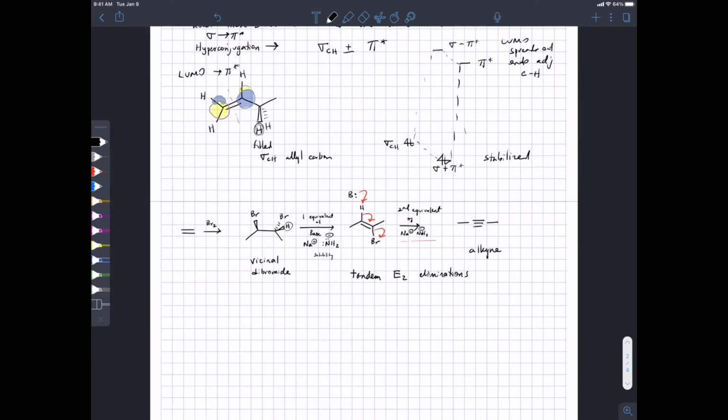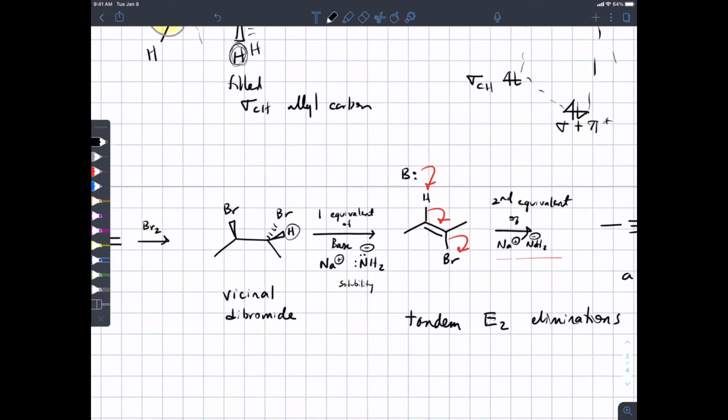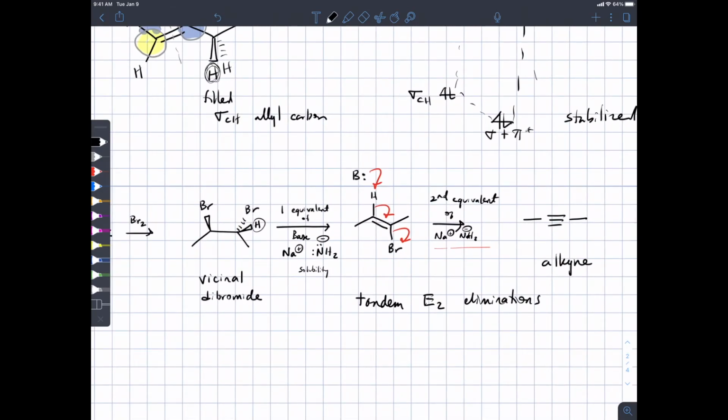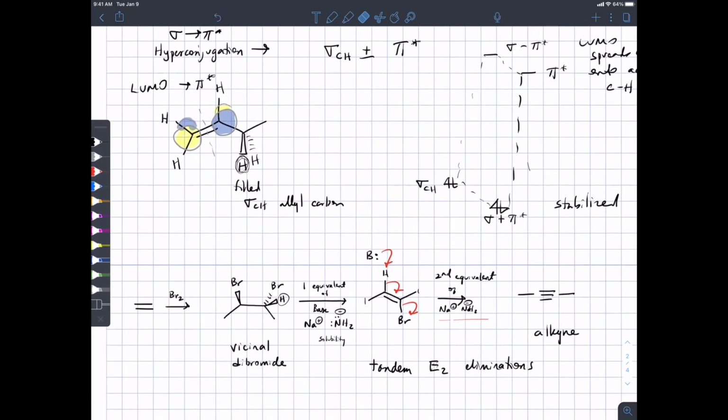Okay, other questions? Yeah. So we said that the more substituted it is, the more stable it is. But if both of those hydrogens on the picture right there instead were methyl groups, would there be anything participating in hyperconjugation? In the one right above that, the anti-bonding orbital.